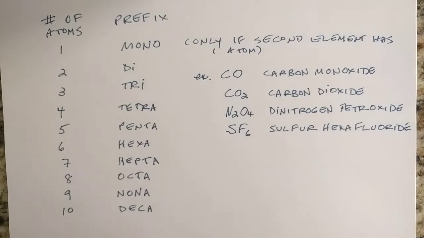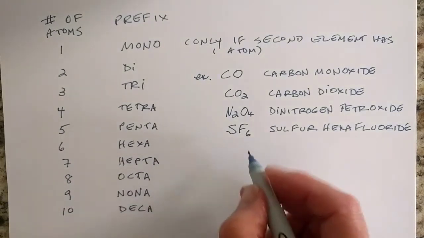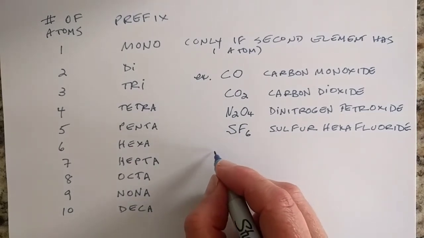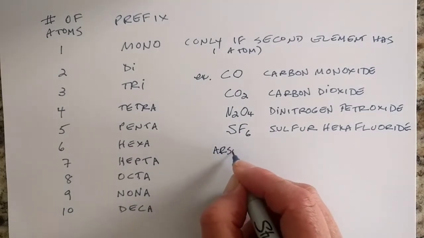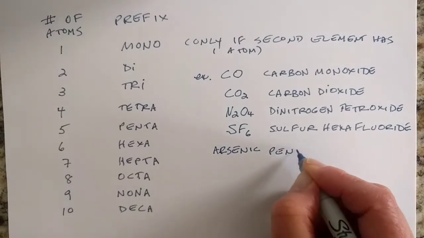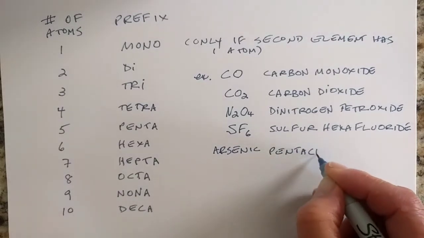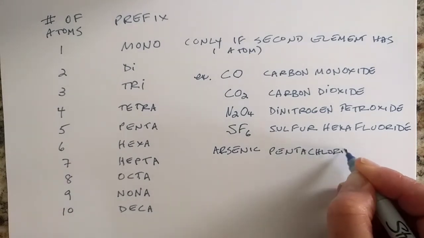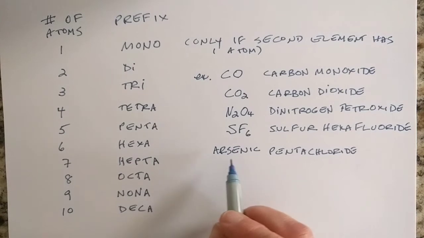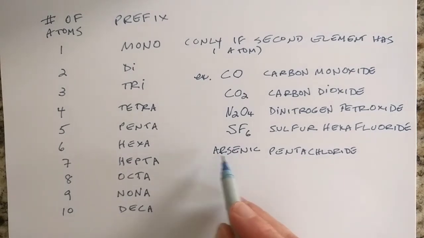All right, let's go the other way. Let's write a name and come up with a formula. So we might have a compound arsenic pentachloride. All right, so we need to remember our element symbols. Remember, arsenic is As.